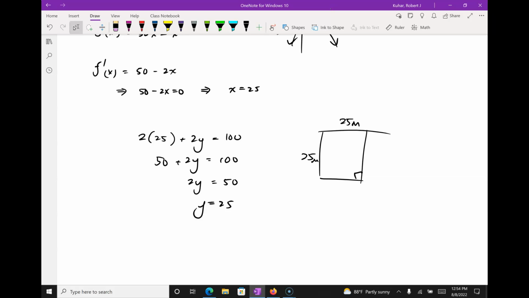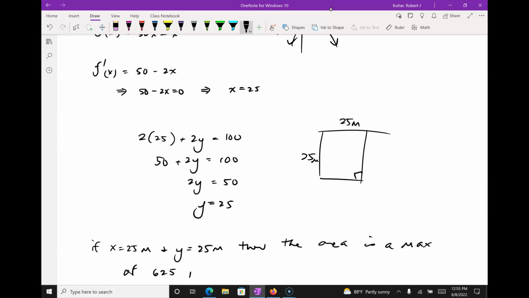I want to answer the question completely, right? If x is 25 meters and y is 25 meters, then the area is maximized at 25 squared, or 625 meters squared.